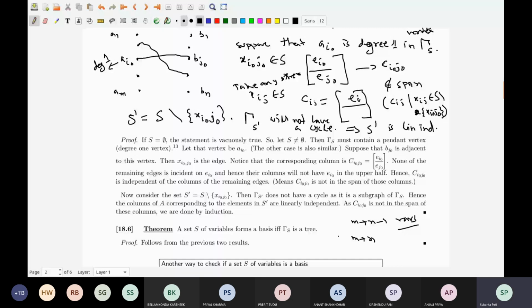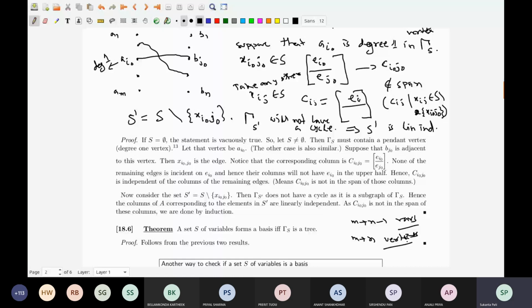One of the equivalent definitions of a tree: a graph on n vertices with n minus 1 edges, not containing a cycle. An acyclic graph on n vertices with n minus 1 edges.